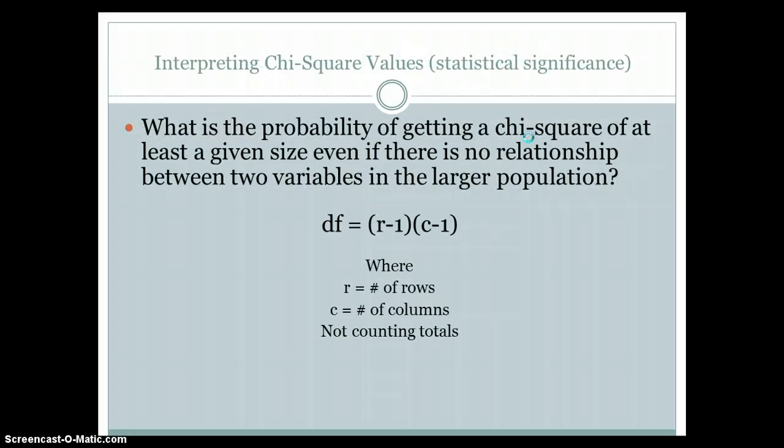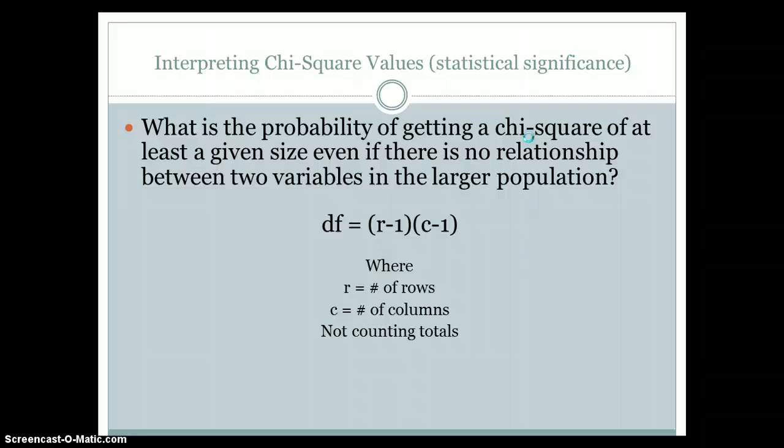Now, how do we interpret chi-square values? Well, first of all, we don't have a random sample. Since we took all of our 50 American states for our sample, let's pretend that it's random just so we can do this. Let's pretend that we have parametric data. But we don't.